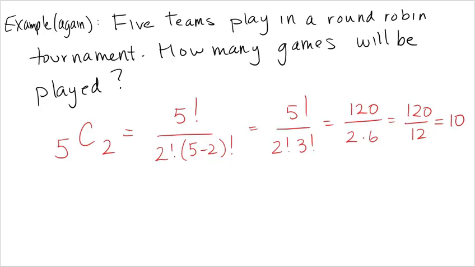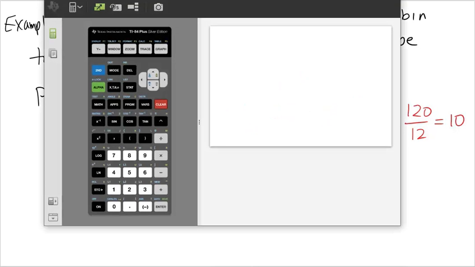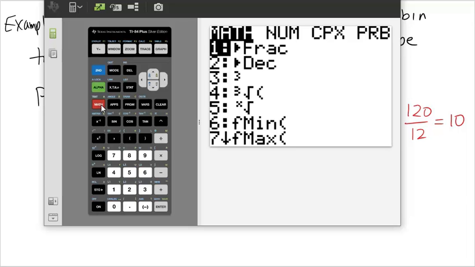So if you get your calculator out, we're going to use the same screen that we did before and the same process that we used for permutations. You're going to start by typing the value of n, which is the number of objects you're selecting from. So we have 5 teams to select from. I'm going to push the math key, scroll to the probability heading.